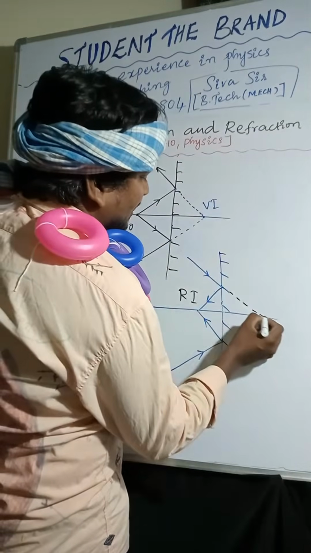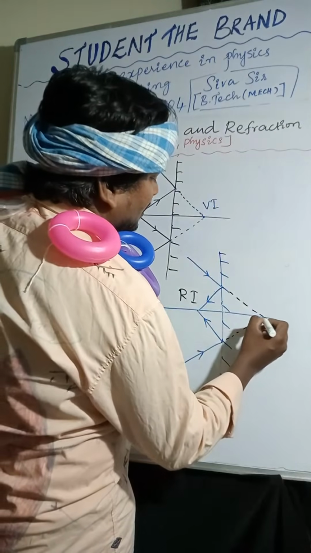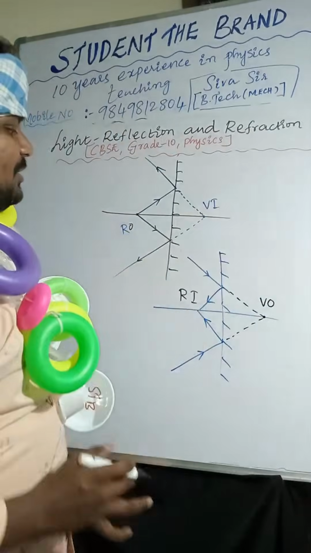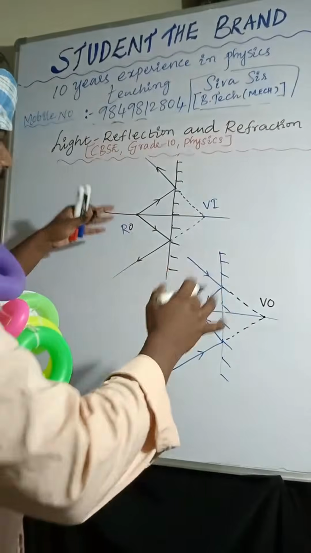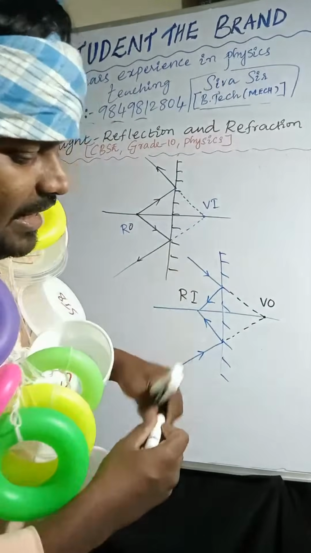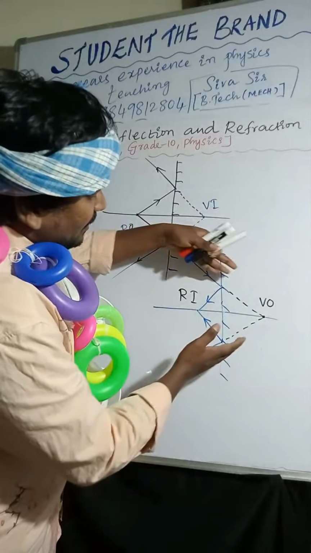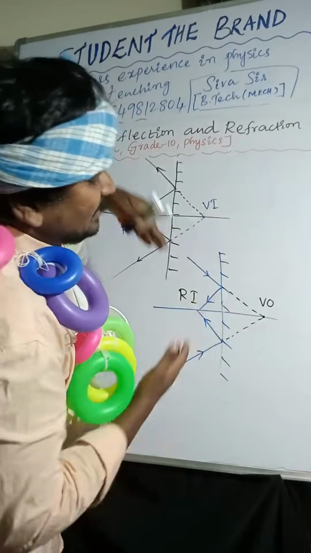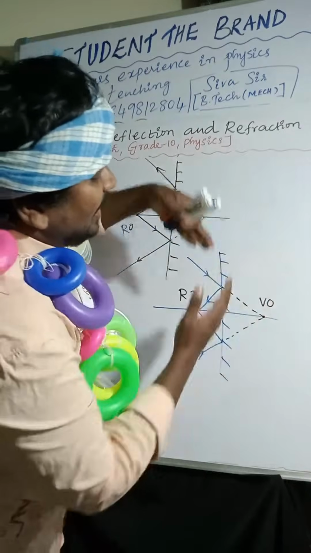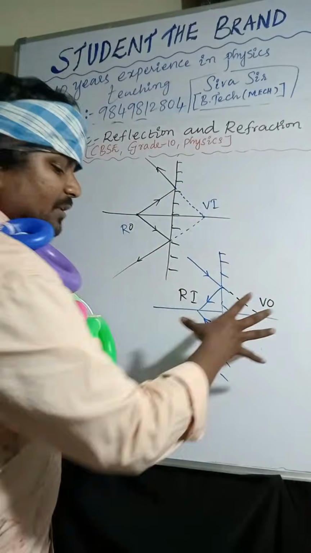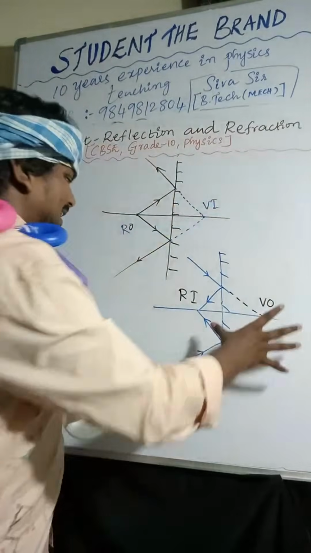So I'm considering here this is the virtual object. We are extending these incident light rays.